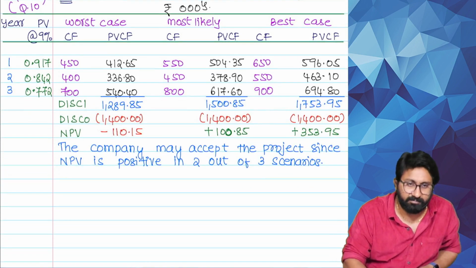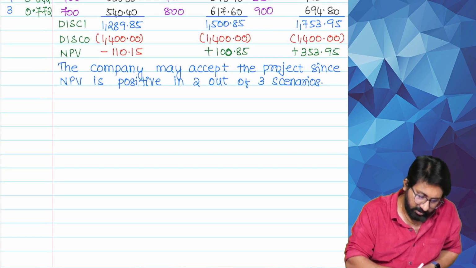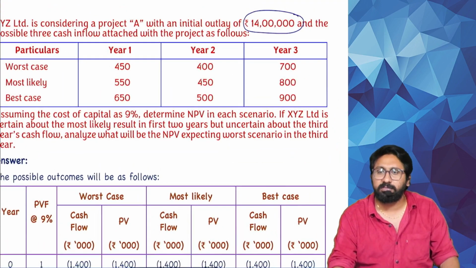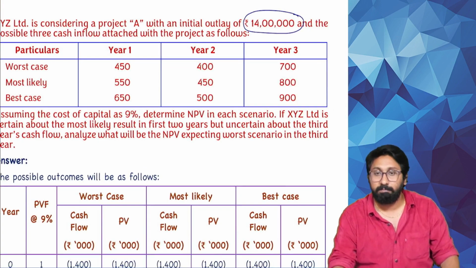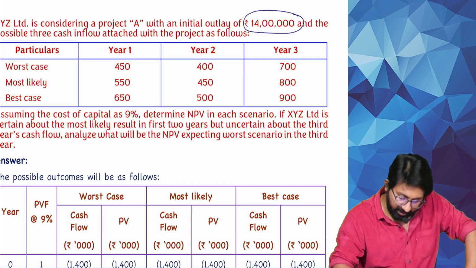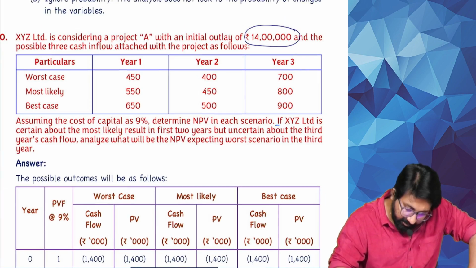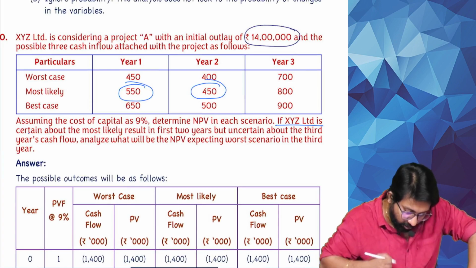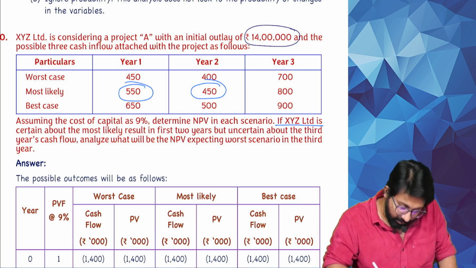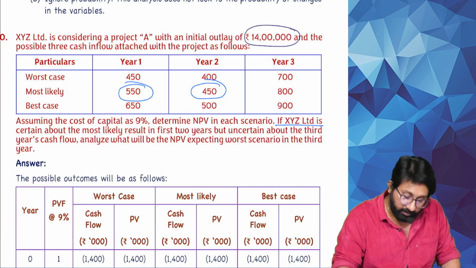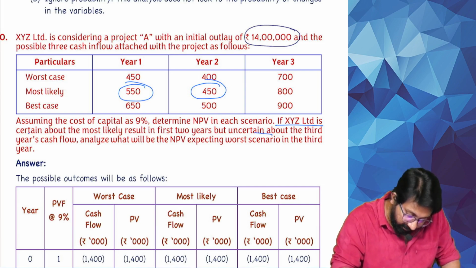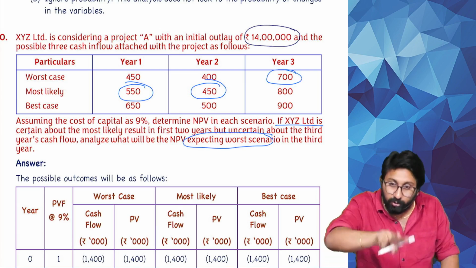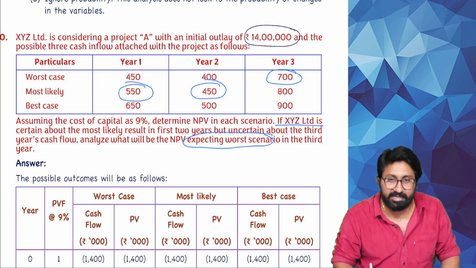Next. This is not the only step. There is another step that was asked. Let us also complete and close. See the question. But see how beautifully they frame the question. If XYZ Limited is certain about most likely in year 1 and year 2, but uncertain about the third, the worst case is expected in the third year. If two years are most likely and the last year the worst case comes, what will happen?